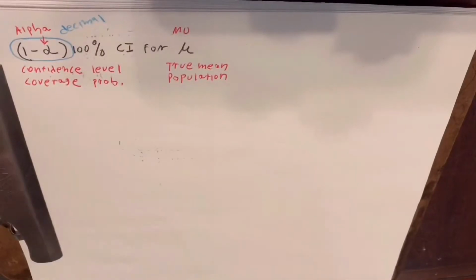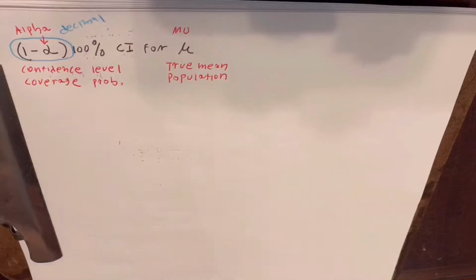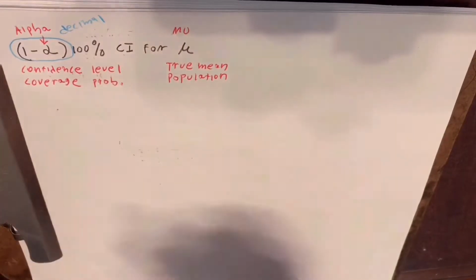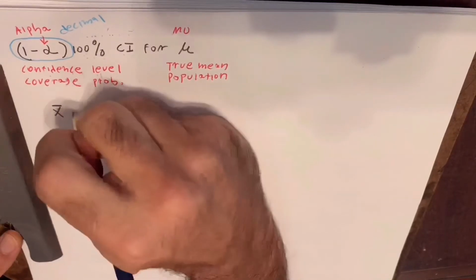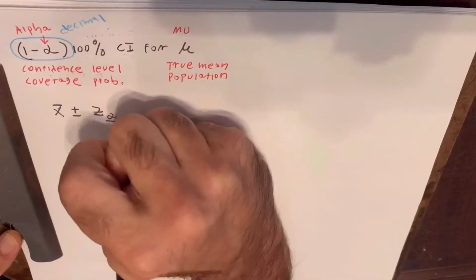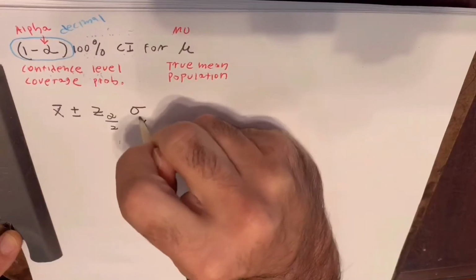So this is the label of the confidence interval formula, which I will get at shortly. Now, let me tell you the two formulae that you'll have to deal with. One uses the z distribution and one uses the t distribution. So we have x bar plus or minus z sub alpha over 2 sigma sub x bar.